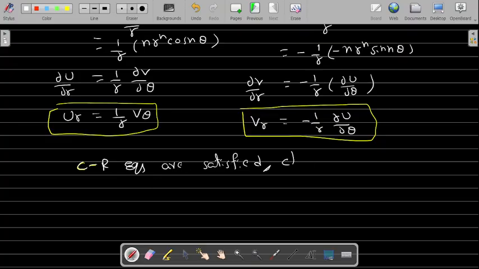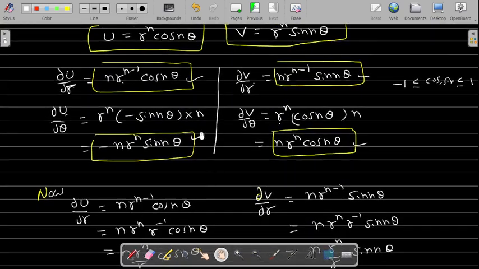You just mention clearly, in one word, partial derivatives continuous. So one more time, these partial derivatives, dou u by dou r, dou u by dou theta, dou v by dou r, dou v by dou theta: you take any theta and r value, you will get a finite value only.